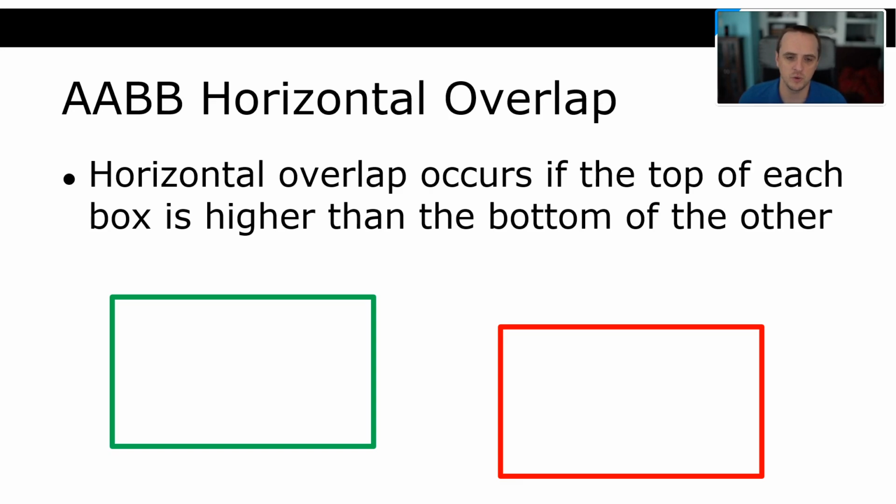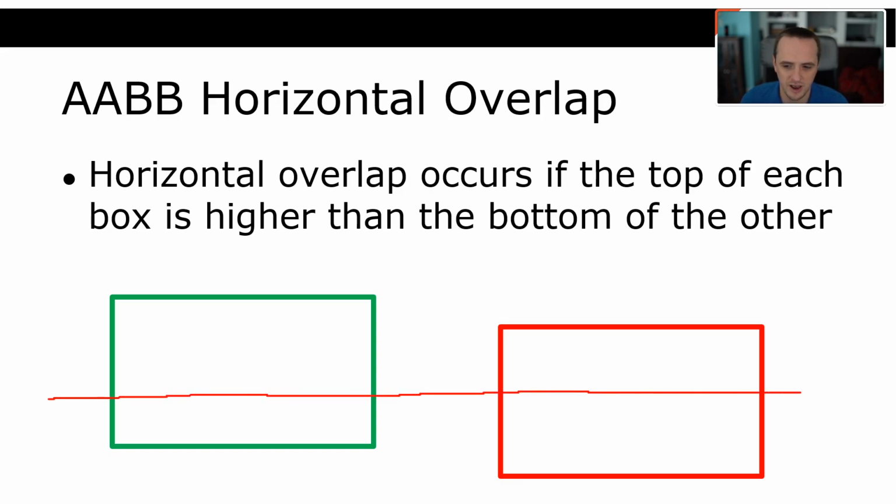First, I'm going to separate the overlap into horizontal overlap and vertical overlap. What I mean by horizontal overlap is if I have two boxes and I draw a straight line in the x direction, and that line intersects both rectangles, then there's a horizontal overlap.